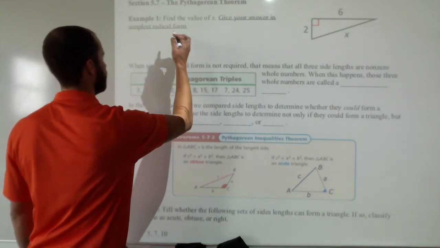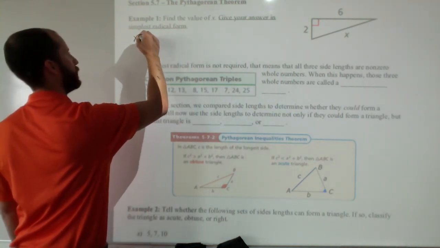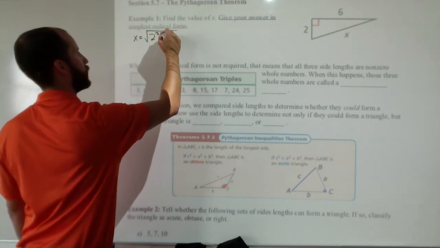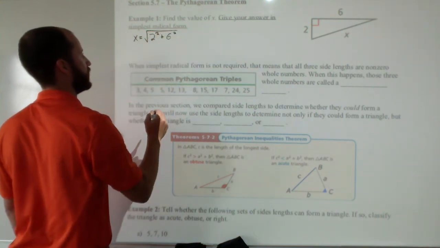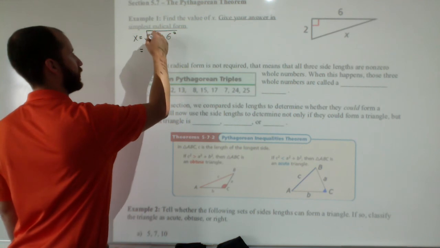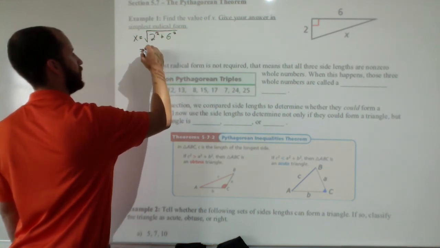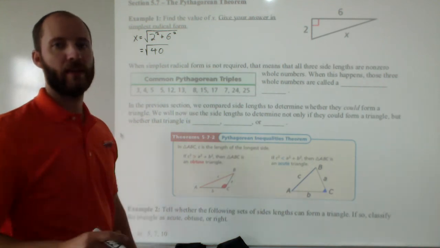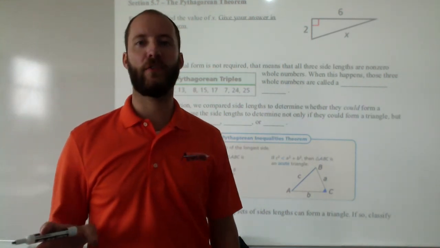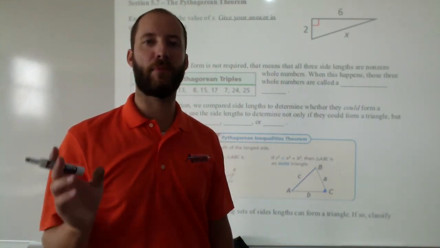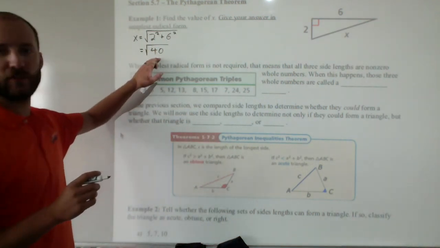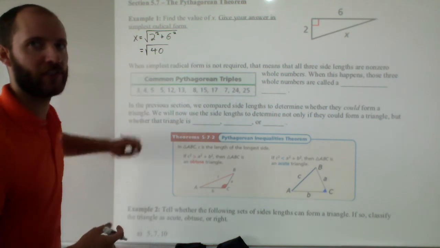By the Pythagorean theorem, we know that x is going to be equal to the square root of 2 squared plus 6 squared. This gives us 4, this gives us 36, so we have the square root of 40. Now in order to get that into simplest radical form, we want to find a perfect square factor, a number that divides 40 but is also a perfect square.